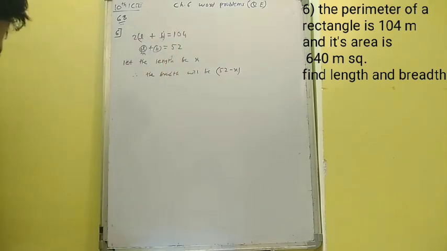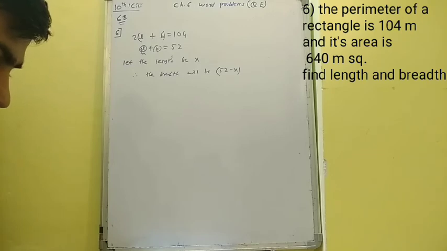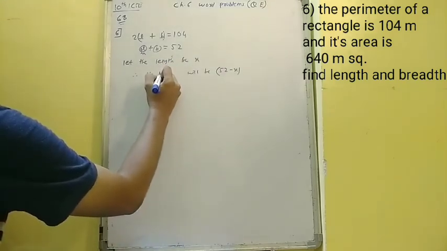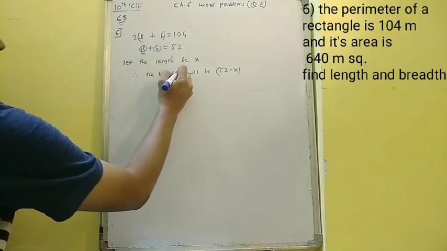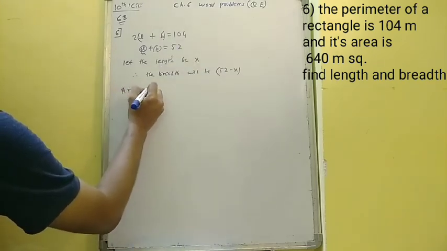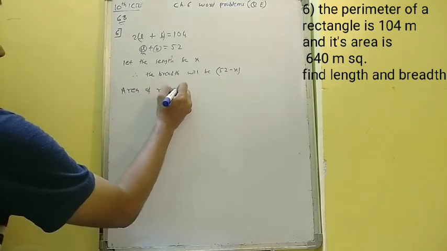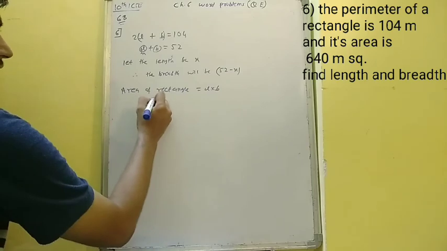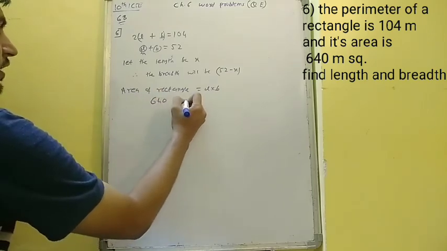Okay. So, what is the next part given? Area is 640. Area of a rectangle is equal to length into breadth, and the area is given as 640.